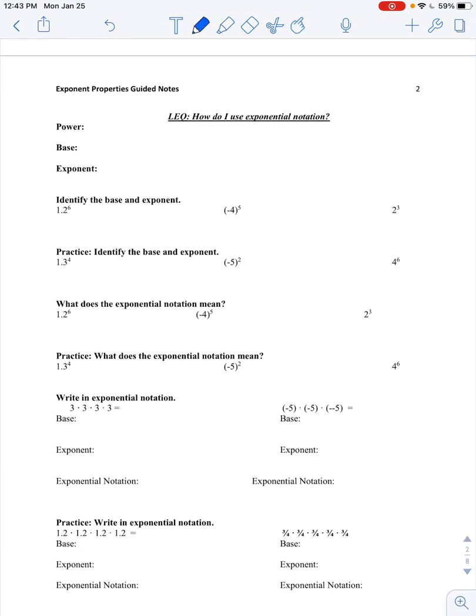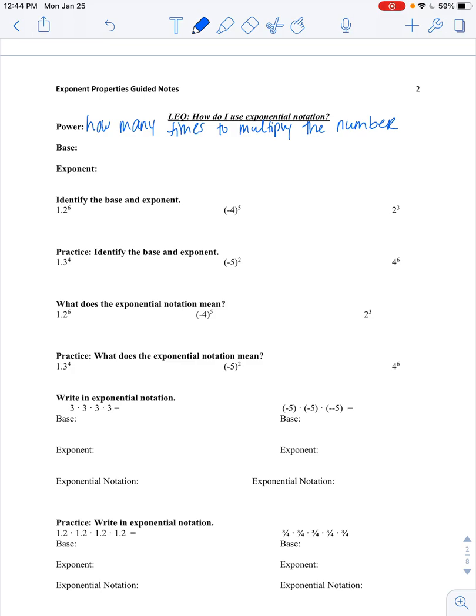So a power, what is a power? The power is how many times to multiply the number.